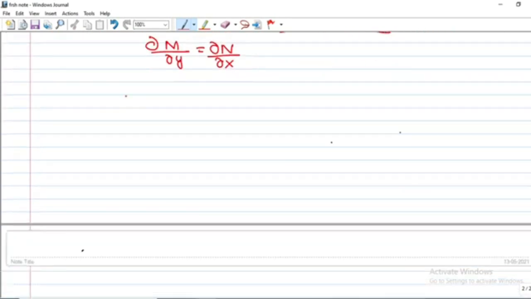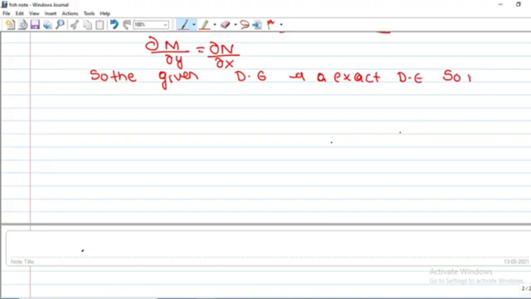We have to say, the given differential equation is an exact differential equation, so its solution is given by... how will the solution be given?